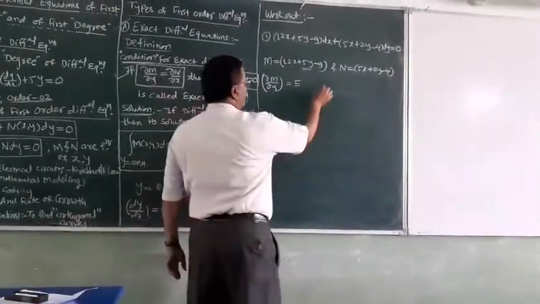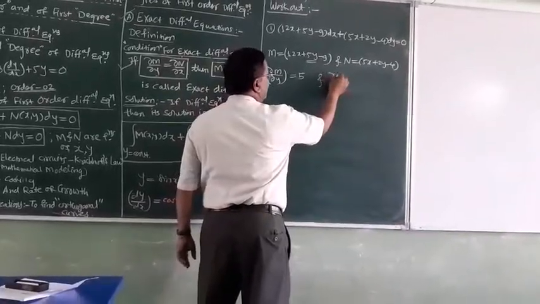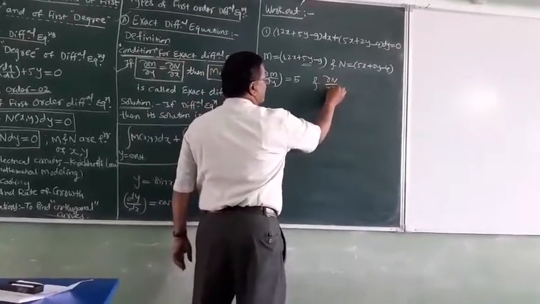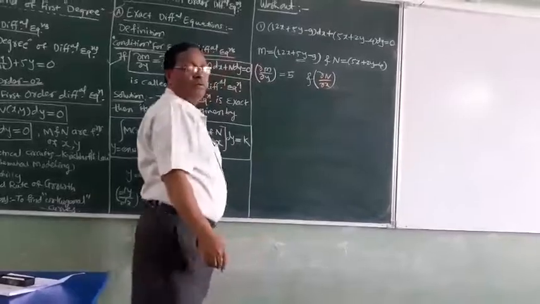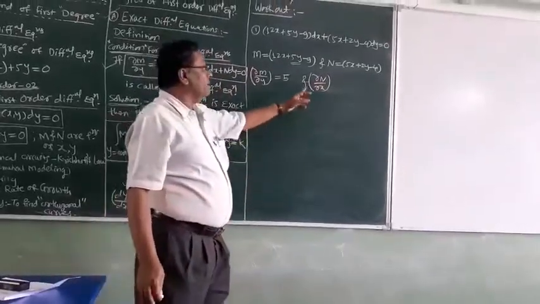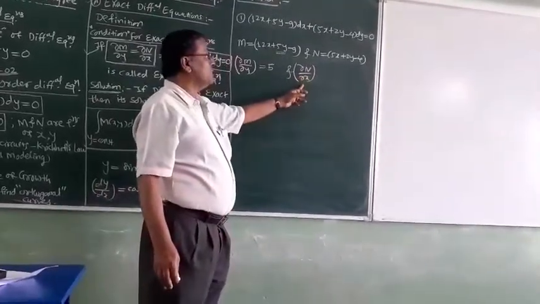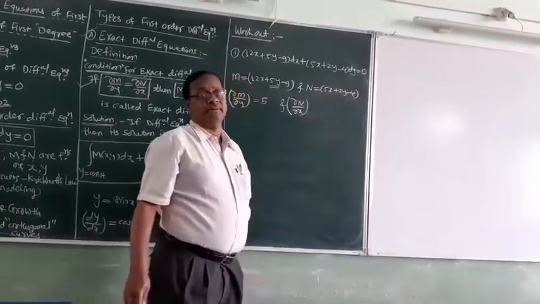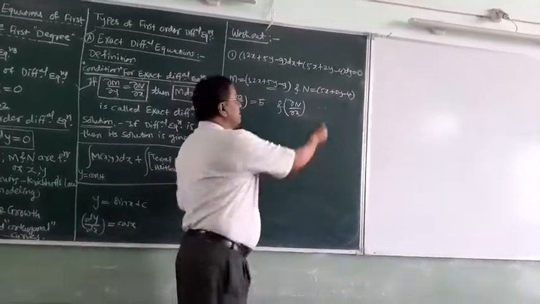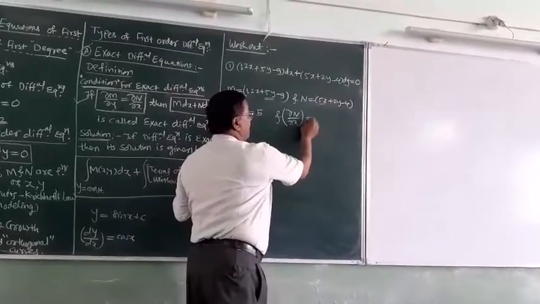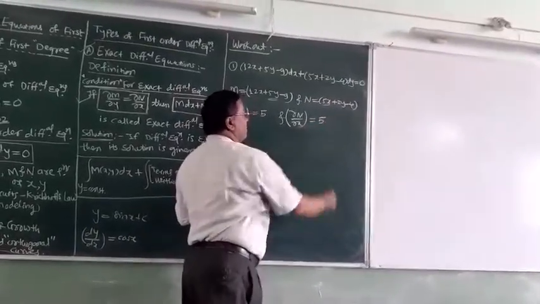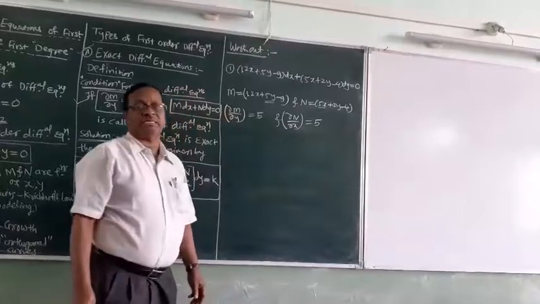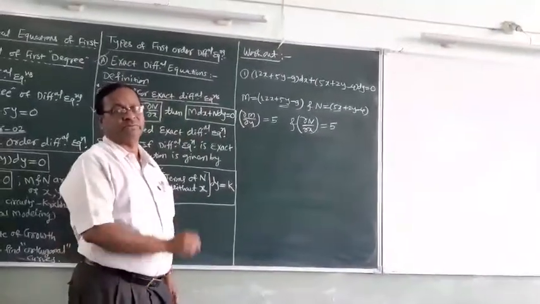Similarly, we have to take the partial derivative of N with respect to x. While differentiating N partially with respect to x, keep y and other terms constant. So, only the differentiation of this 5x term, and it will be only 5 because the derivative of 5x with respect to x is 5.